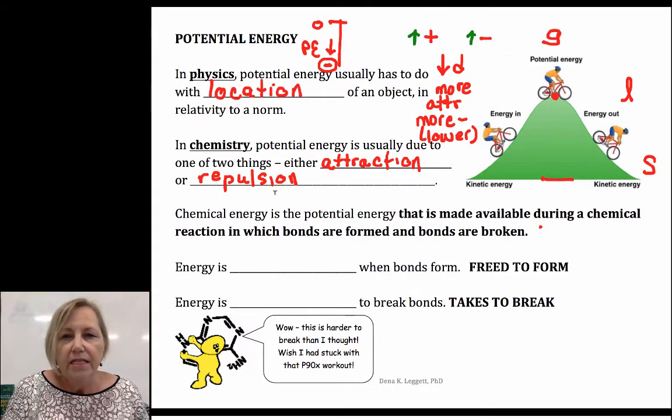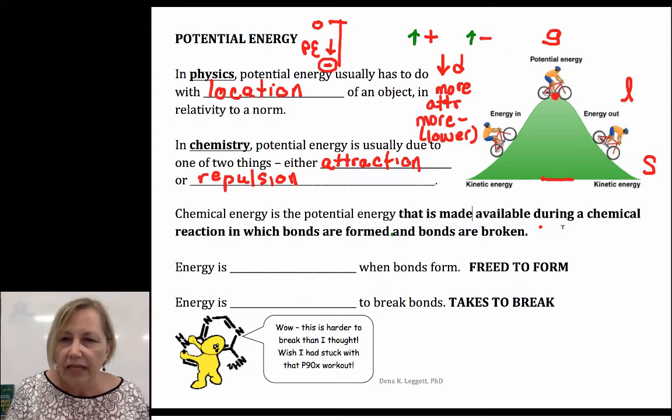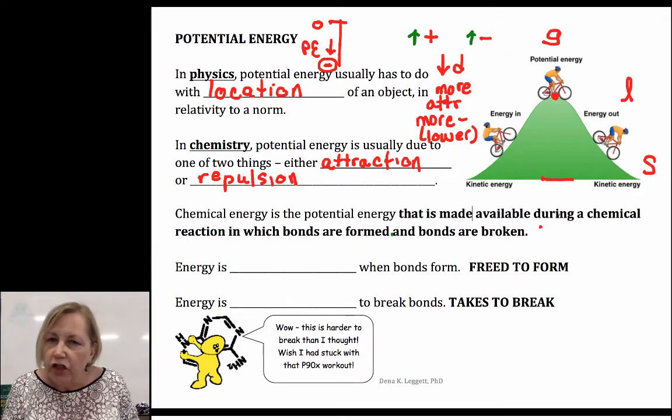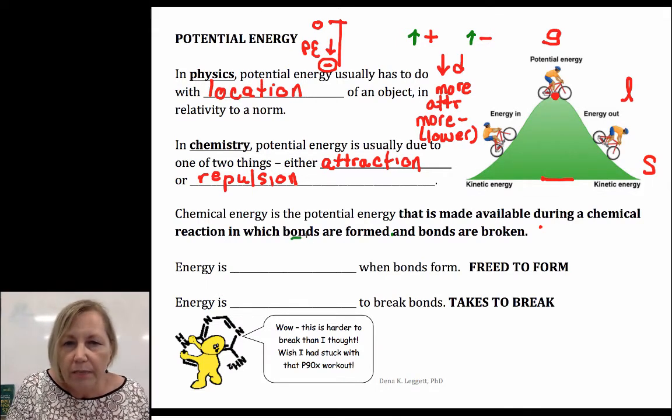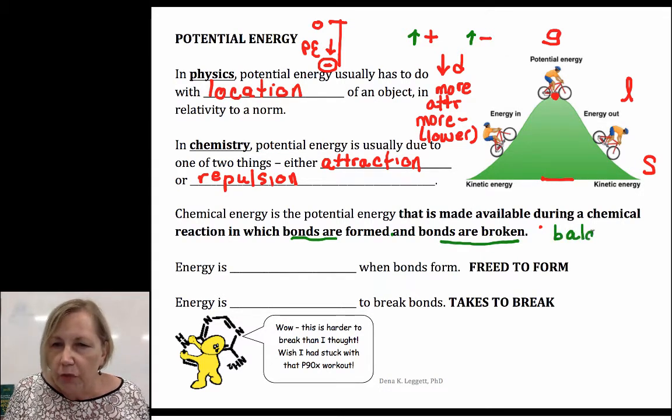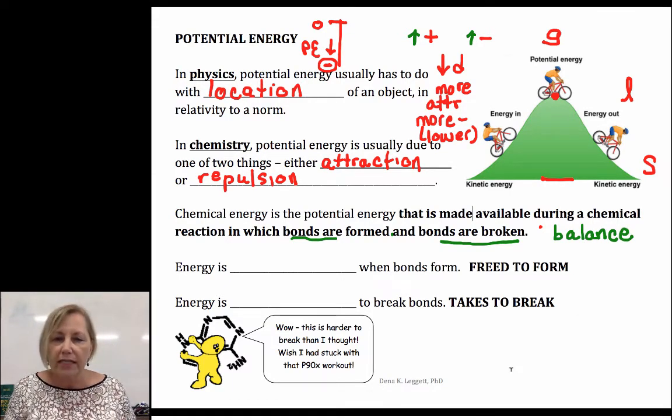Chemical energy is a potential energy that is ultimately made available when we take the balance of energy from bonds being formed and bonds being broken. Whether energy will be released is a balance of those processes.